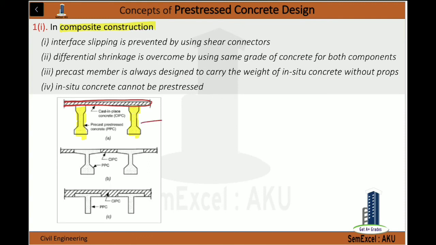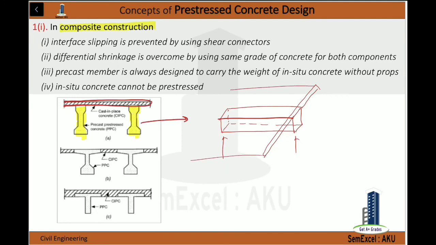In one case, let's say this is the beam, and let's draw it in 3D so that you can understand better. Let us say this is the beam and we have some supports, and at the top of it we have to cast some slab like this.